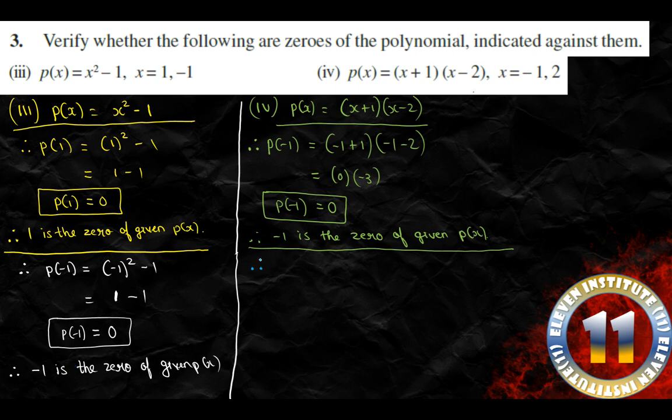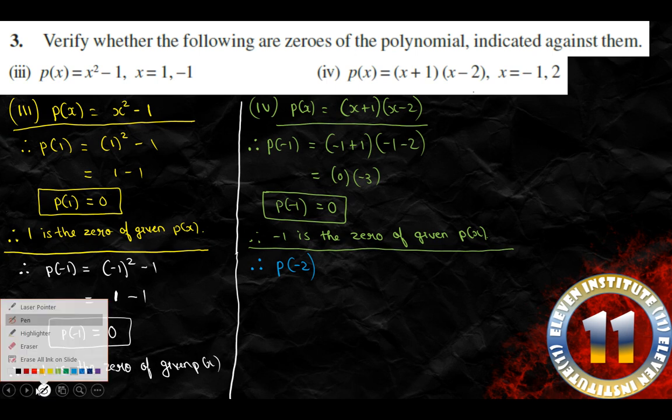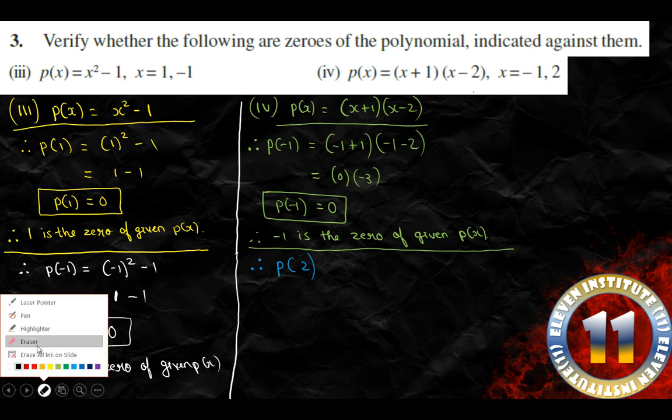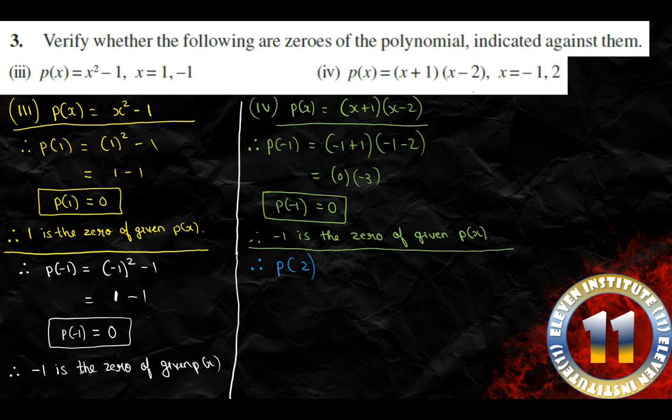Same polynomial, but we will write p of 2. Sorry, not minus 2. We will write p of 2. So again the same polynomial x plus 1 into x minus 2, but here we shall write 2 plus 1 into 2 minus 2.